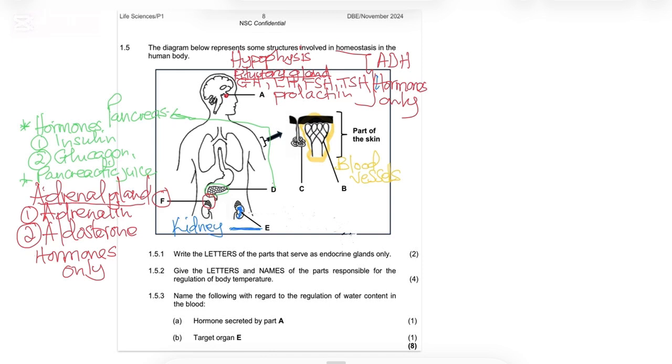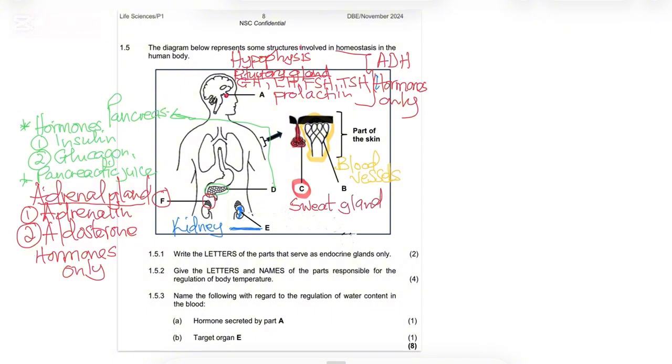So we also have another part which consists of some convolutions at the base, and then it has a tube, and this tube is called a duct. This convoluted part, part C, is called the sweat gland.